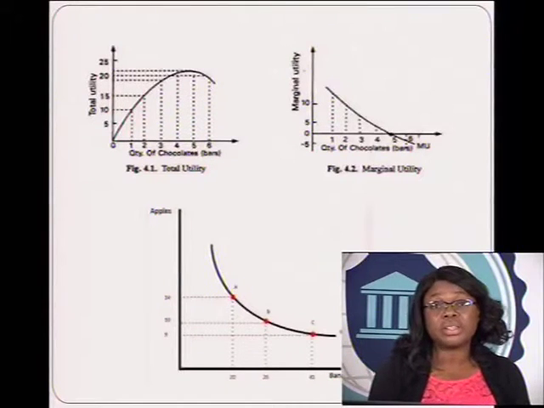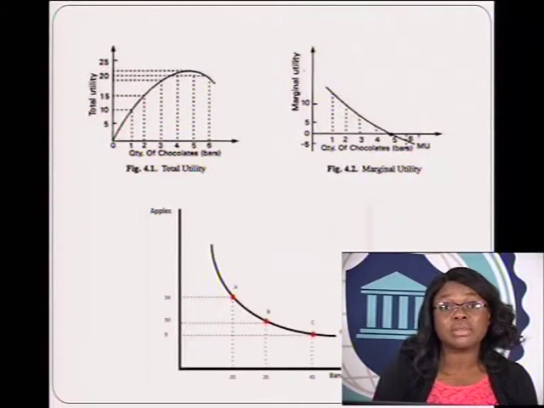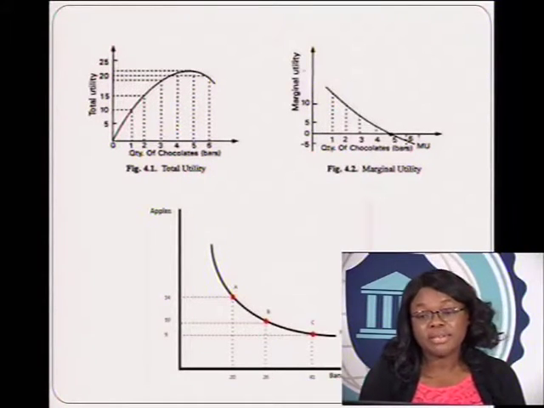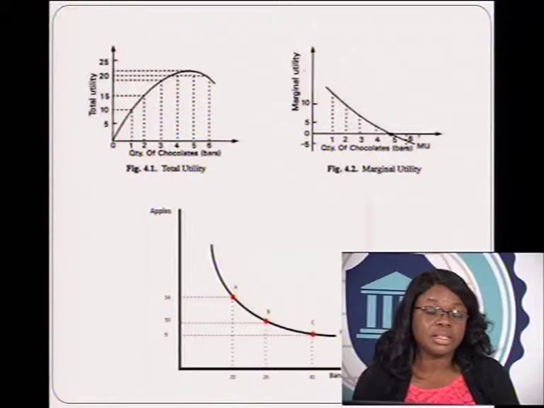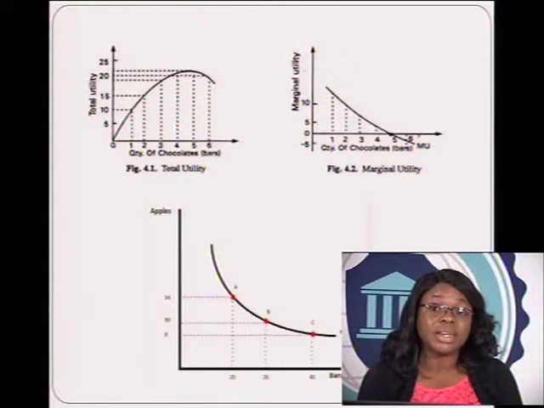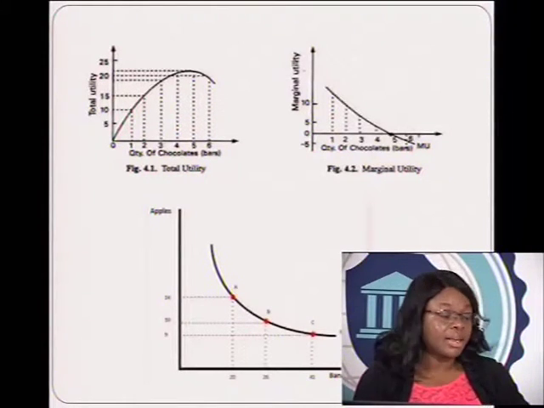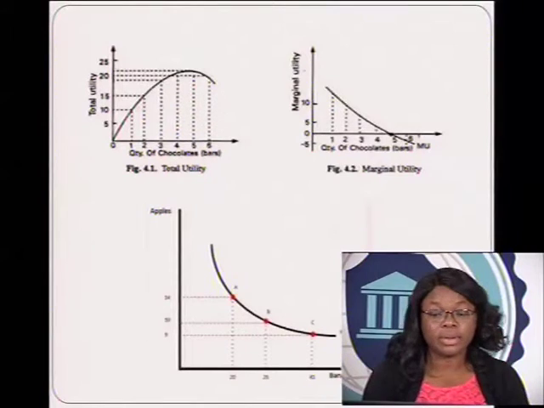The satisfaction you receive is not as much as you got before. On the right, we have the marginal utility. You can see the utility is actually falling till it gets to negative. And the other diagram there is the indifference curve between apples and bananas, like I tried to illustrate on the paper.